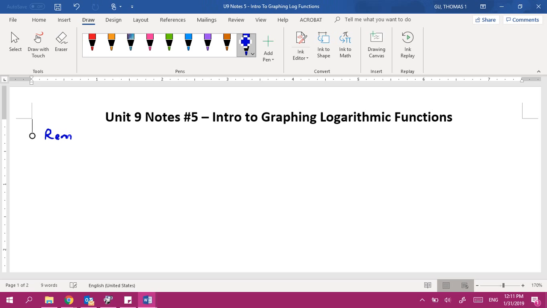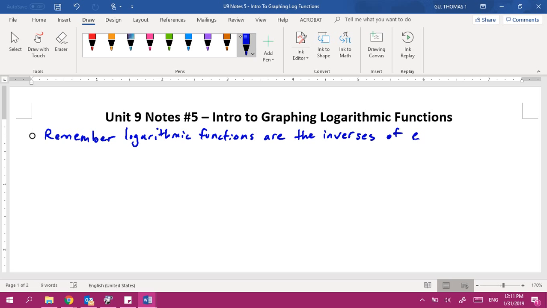Remember, logarithmic functions are the inverses of exponential functions.